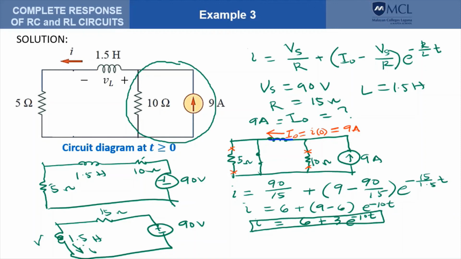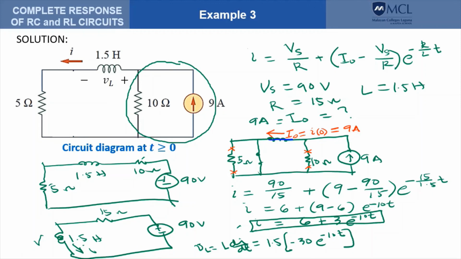equation for the current. Now for the voltage across the inductor, that should be L di dt, and that should give us 1.5 times the derivative of this current, which is minus 30 e to the minus 10 t.